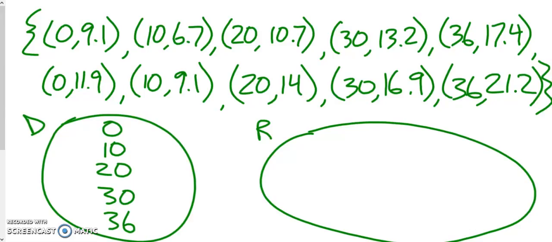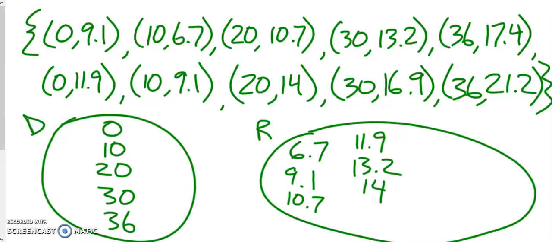Let's go smallest to biggest, that way we can organize it. I think the smallest one's 6.7, right? And then 9.1, 10.7, 11.9, 13.2, 14, 16.9, then 17.4, and 21.2.